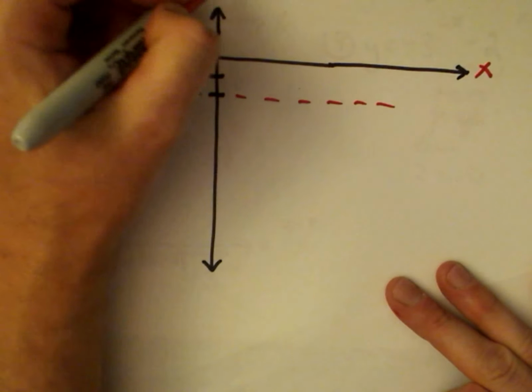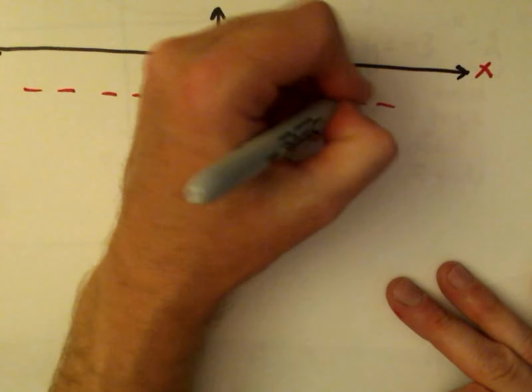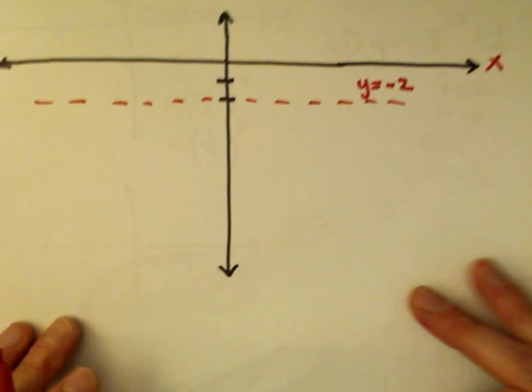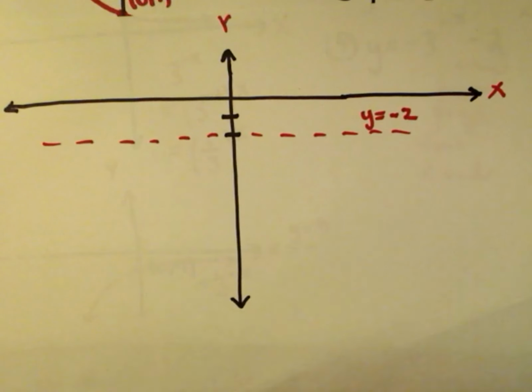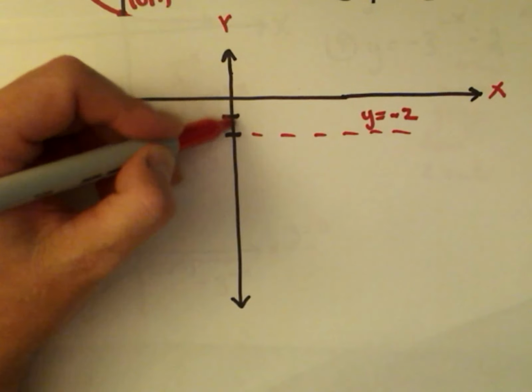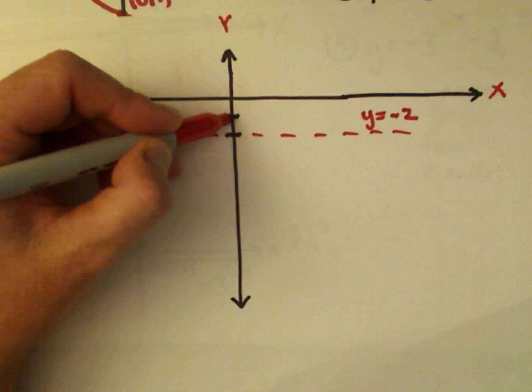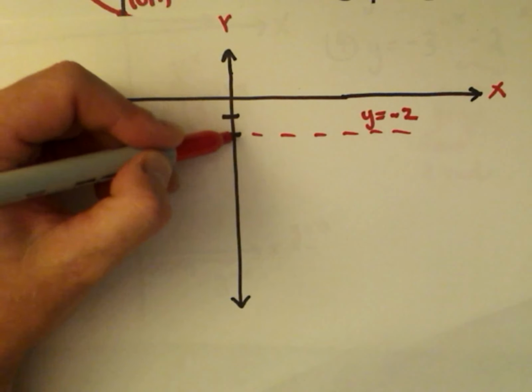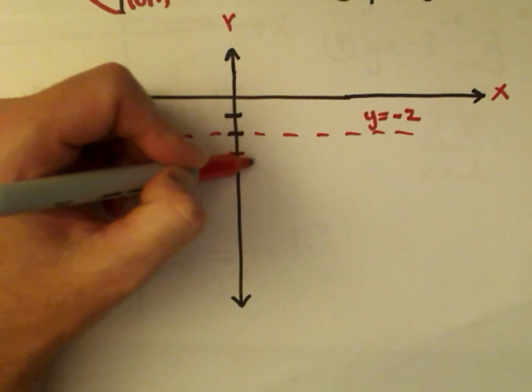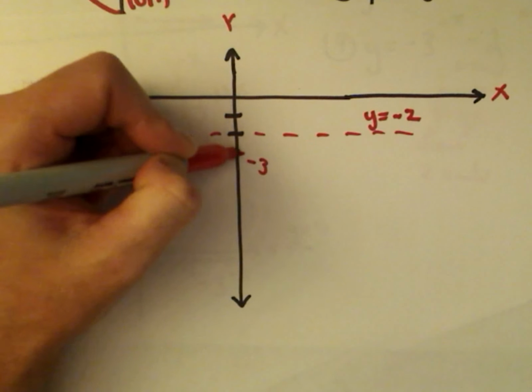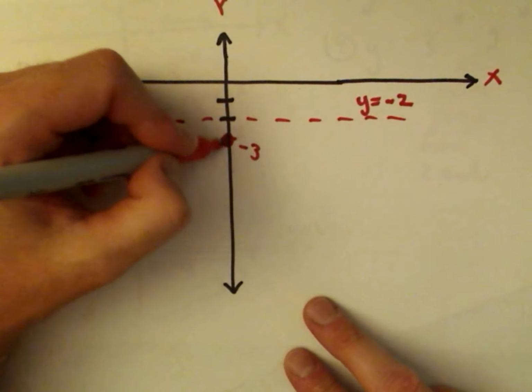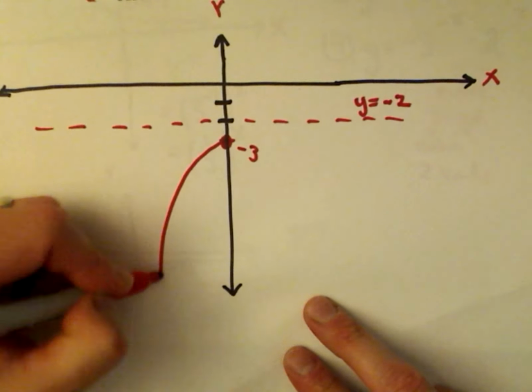So there's my x-axis and my y-axis. I'm just putting it up there to give myself a little more space. The point originally in our other graph was (0, -1). So now if I move it down 2 units, it'll go from -1 to -3. And again, we said as we move to the left, it decreases.